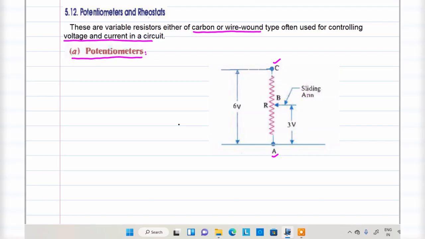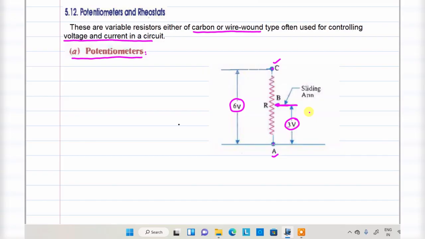These two ends, A and C, are connected to the circuit. This B is a moving terminal. Here we are given 6 volt, right? Whenever it is moving to the middle of the potentiometer, what about the 6 volt? That is a 3 volt.